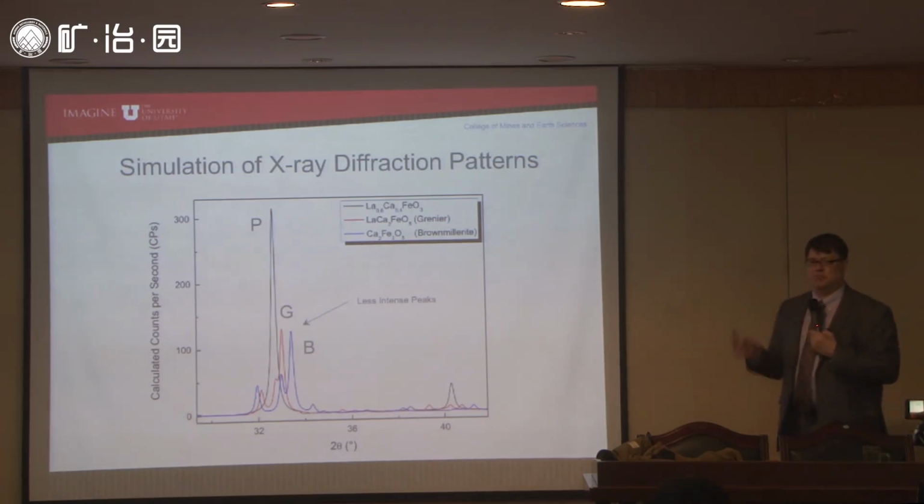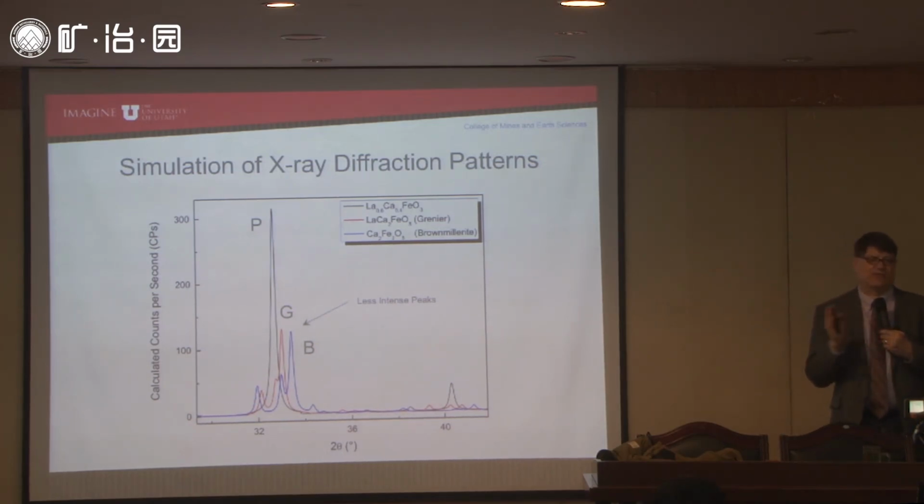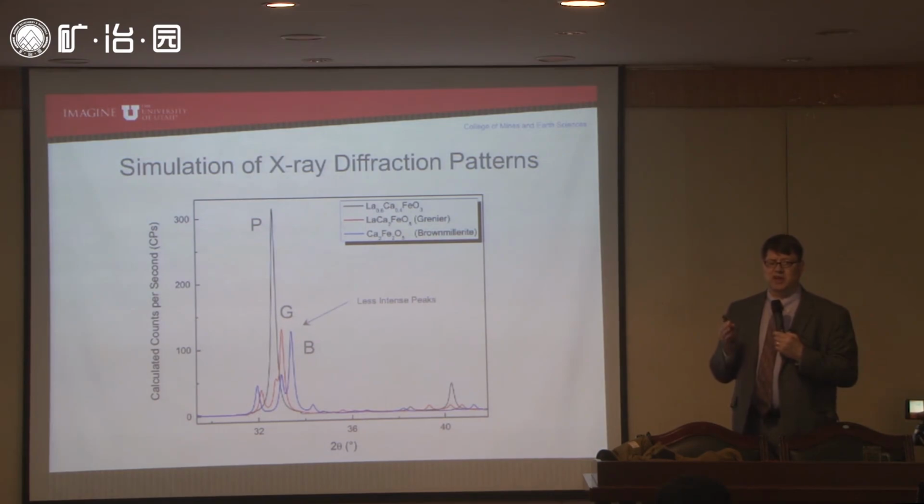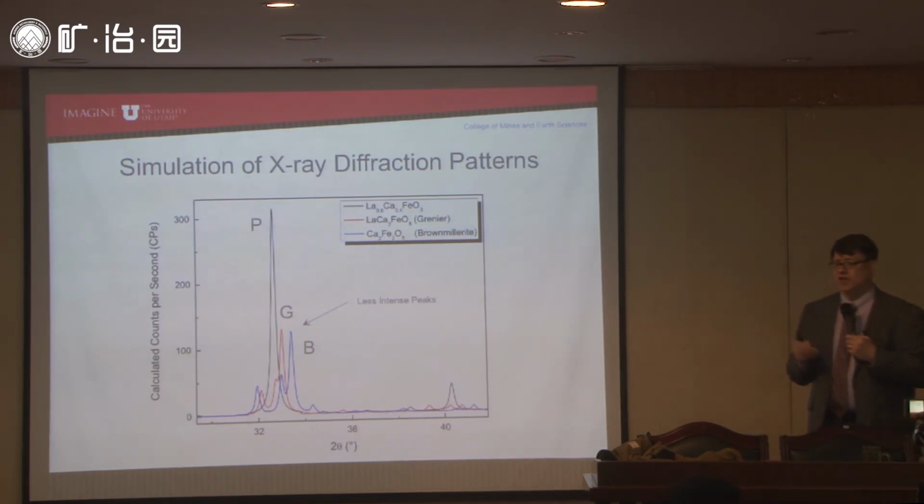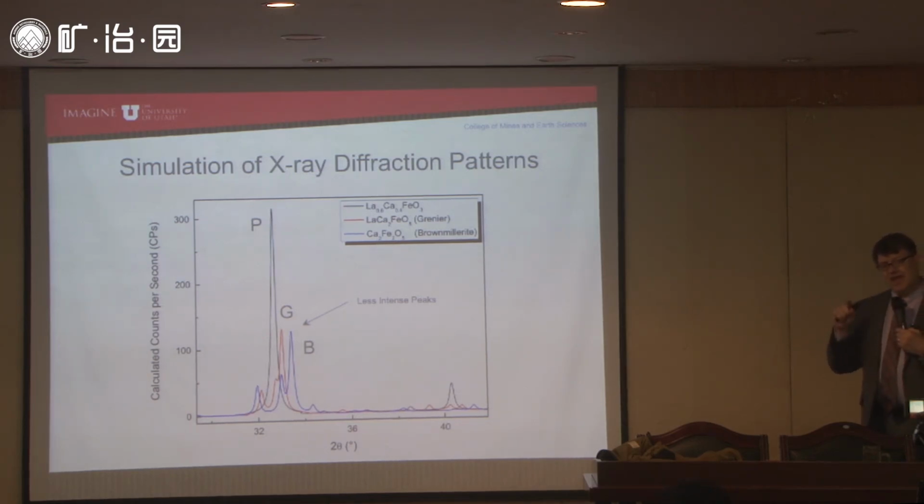This Grignard peak would get buried inside the perovskite. It's very difficult to identify and very difficult to separate these phases unless you do extremely careful X-ray diffraction measurements and extremely careful Rietveld refinement. But it turns out that we were able to do high-resolution X-ray diffraction and develop a high level of confidence that, in fact, we do have Grignard phase in this system.